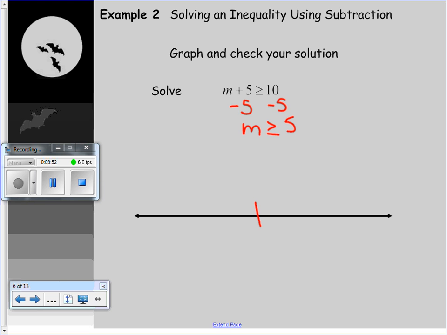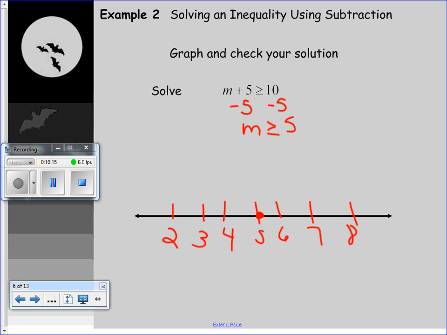Now I'm going to plot this. So it is m is greater than or equal to 5.